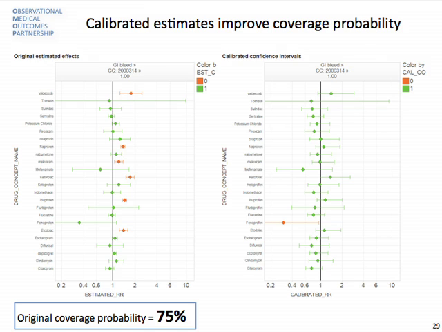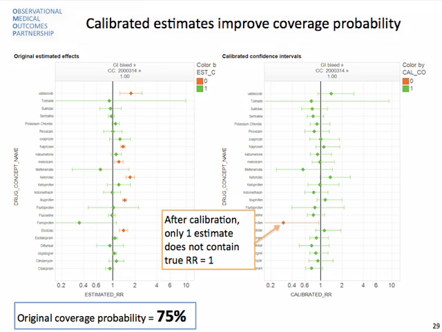And sure enough, when we account for the variability that we observed, that confidence interval got a little bit wider and now, in fact, contains the nominal value of 1. And you can see actually the majority, in fact all, of the estimates that were erroneous on the left-hand side were basically downweighted and pulled close to 1 because we've now accounted for both the bias and the variance that we observed empirically.